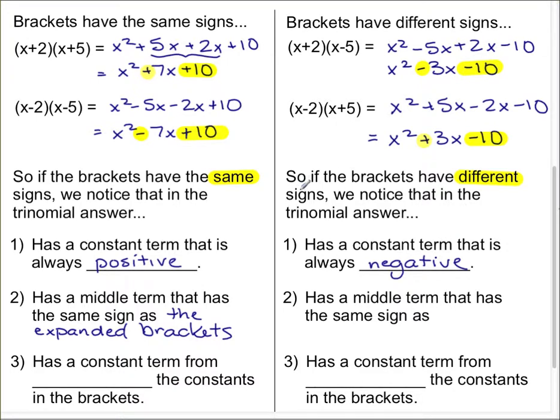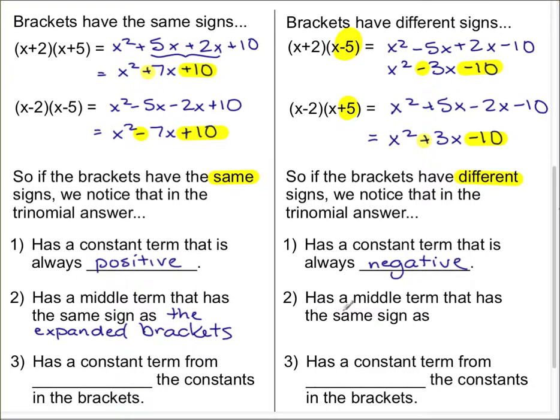Over here, so if the brackets have different signs, we notice that in the trinomial answer, it has a middle term that has the same sign as, well, same sign as what? This one is negative, and this one is positive. So it can't be the sign of the brackets, but there's one of each here, so that's kind of good. If we take a look over here, this is negative, and the bigger number is negative. And this is positive, and the bigger number is positive.